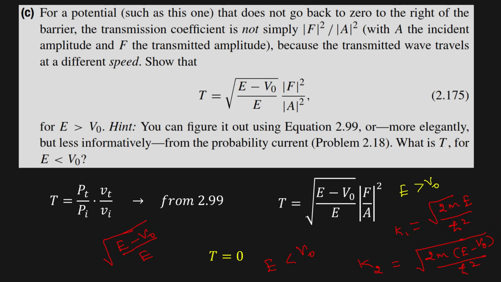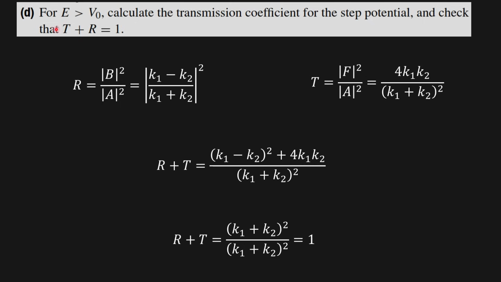Now we will move to section D. Section D is for E greater than V naught: calculate the transmission coefficient for the step potential and check that T plus R is equal to 1.